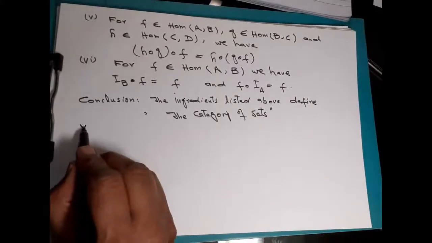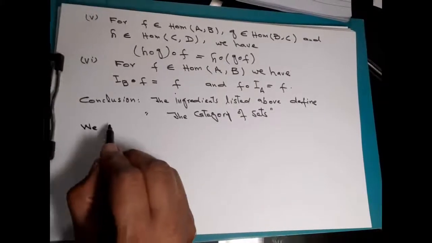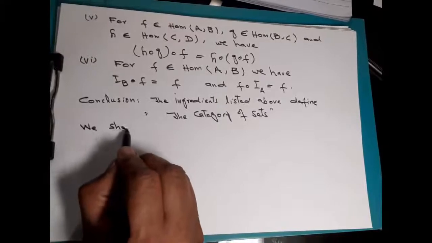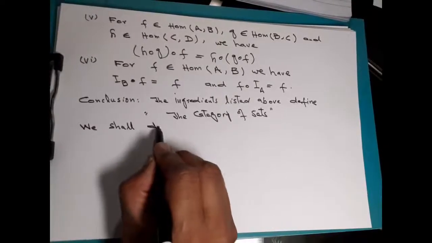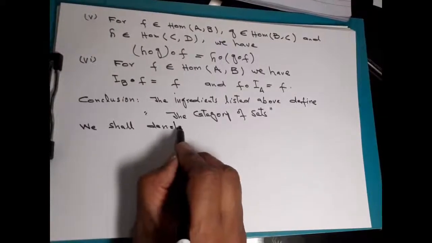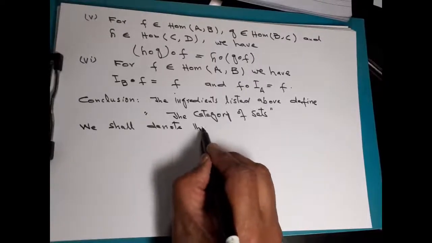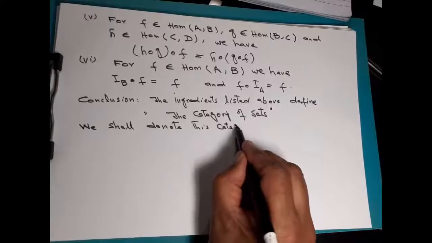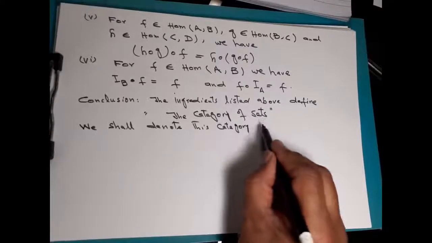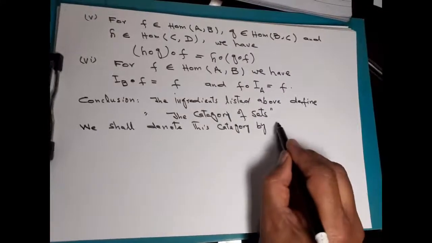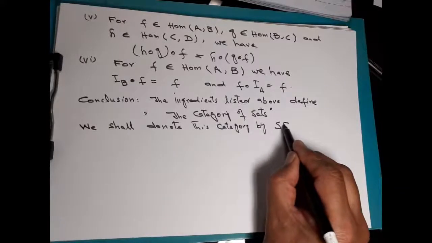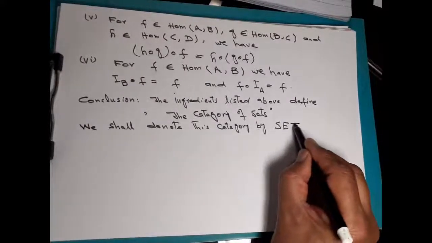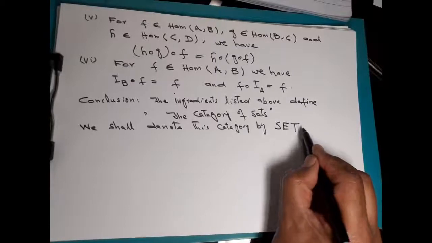We shall denote this category by writing capital S, capital E, and capital T. Different books use different notations.